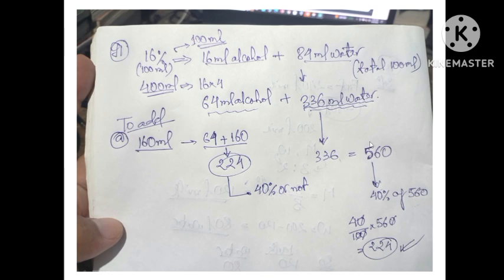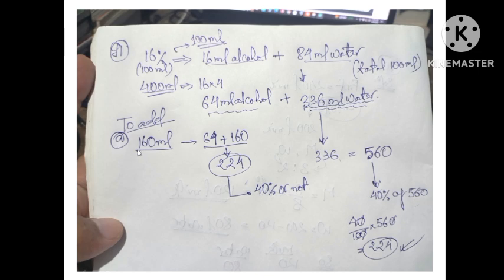Or you can do it this way also. In the original mixture of 400 ml, how much alcohol is there? In 100 ml, 16. In 400 ml, 16 into 4, 64. So in the original 16% mixture, alcohol is 64 ml. Option A is given as 160 ml.